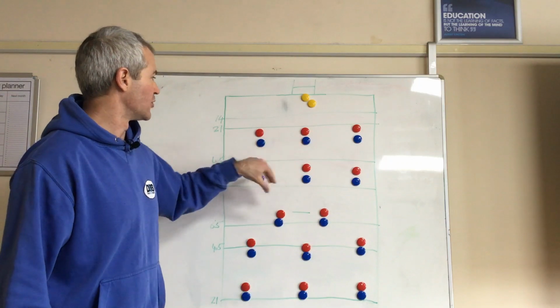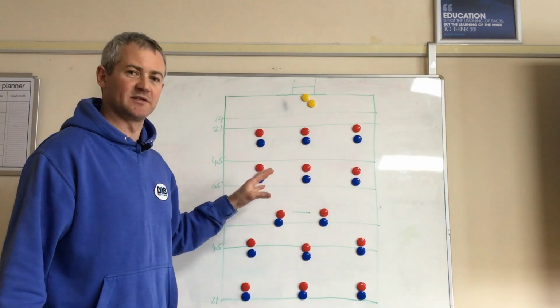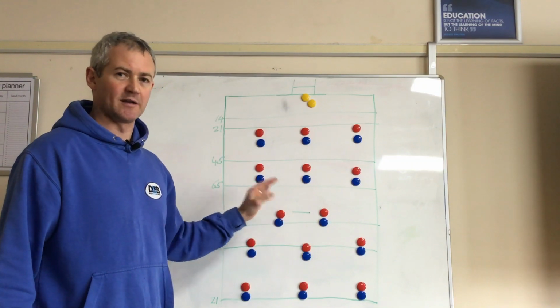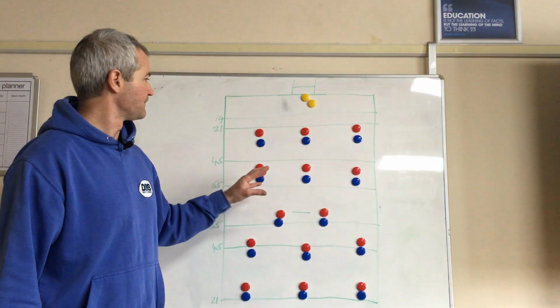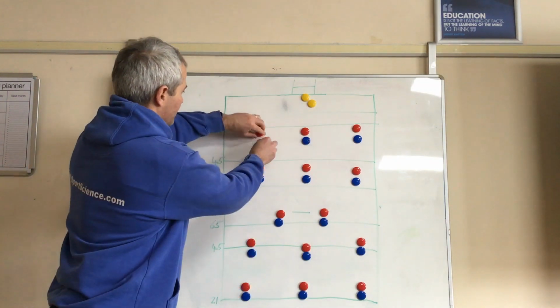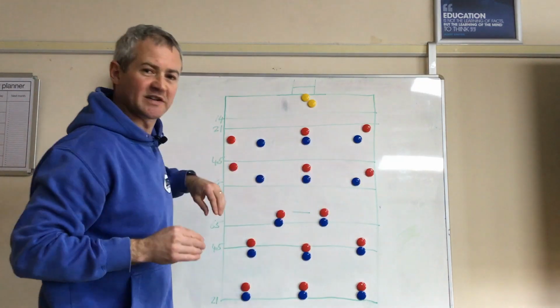At the moment this is probably one of the most difficult ones to deal with. If they go zonally on you, in those situations what you can do is pull them out wide. In other words, you stretch the play.